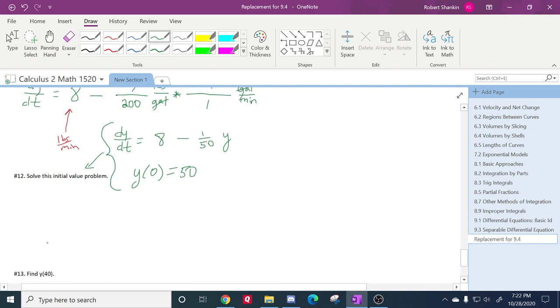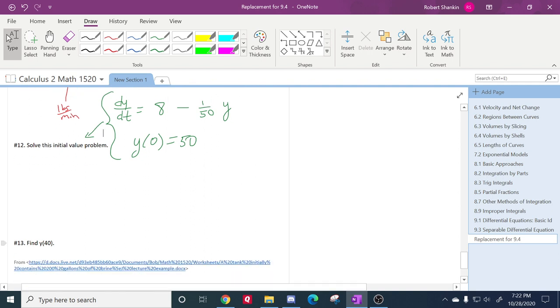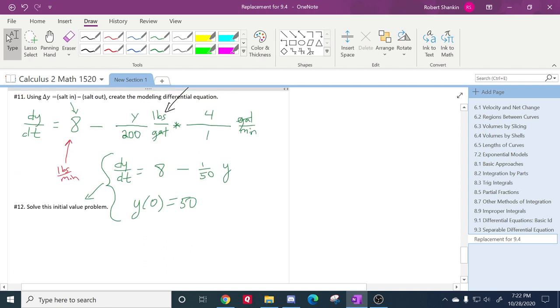And after we solve it, we'll have the solution at all values of time, and then we'll go to find y(40). So the next step then is to solve this differential equation.